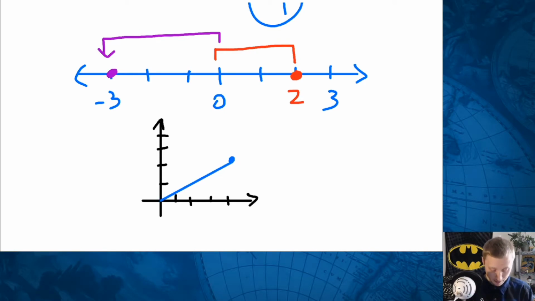Let me just fill this in based on a horizontal and a vertical component. You create that 90-degree triangle in there, and now we're looking at the Pythagorean theorem. You may remember this: a squared plus b squared equals c squared.